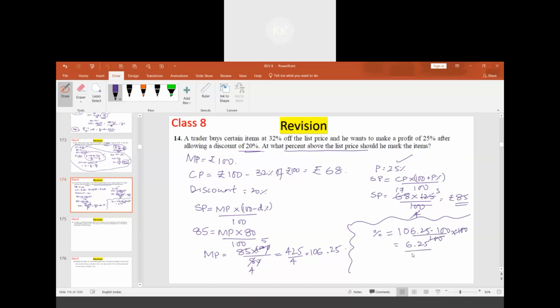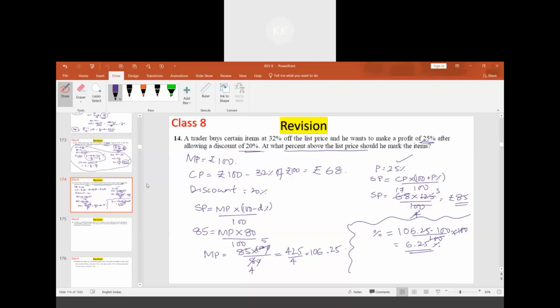So 6.25%. So you should mark 6.25% above the market price so as to get a profit of 25% after allowing a discount of 20%. This is how it should be done.